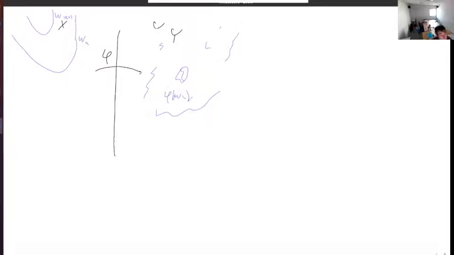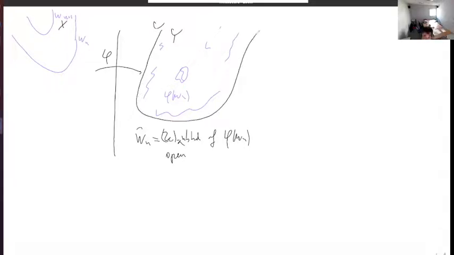What I want to do is to associate an unbounded connected set. For this, we consider Wn hat, the 2C open neighborhood of phi of Wn. In this case, now this becomes open and connected.